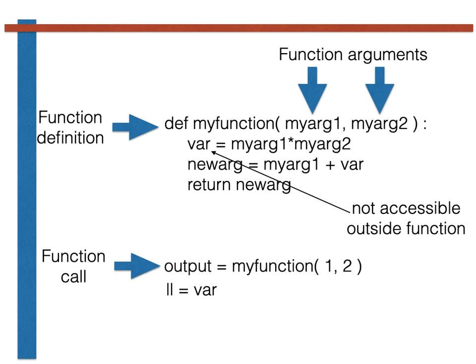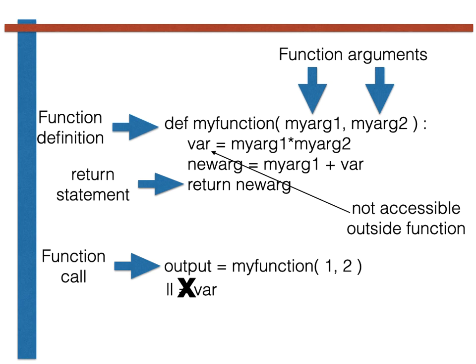If we were to write ll equals var after the function call here, for instance, our program would return an error, as var is not defined outside of the function. The only values that we can get from the function are those that are explicitly returned in the return statement.